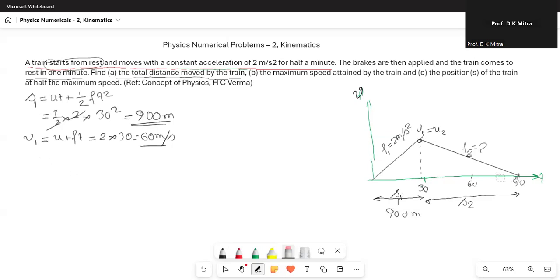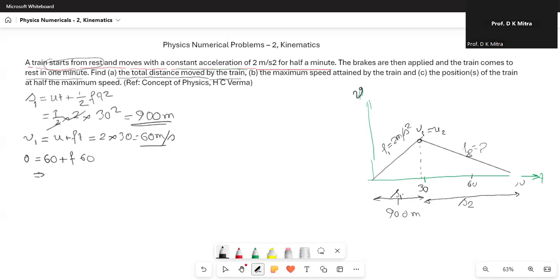So if this velocity here is 0, we can write 0 is equal to 60 meters per second plus, v equal to u plus ft, 60 meters per second plus f, which is not known, t is 60.